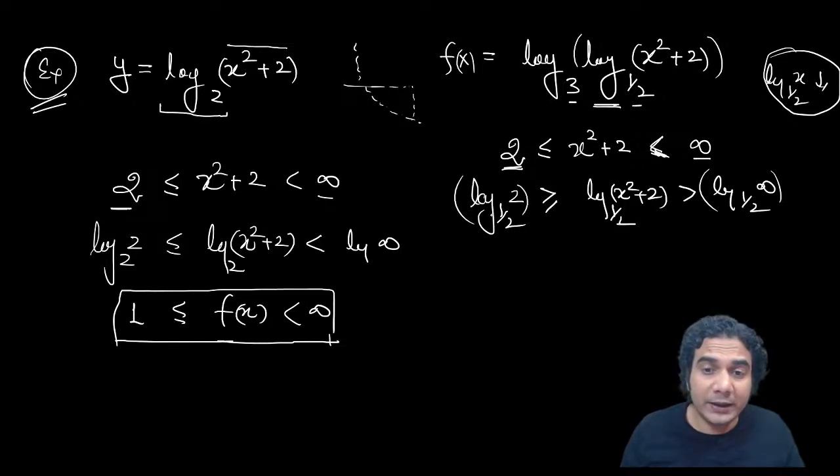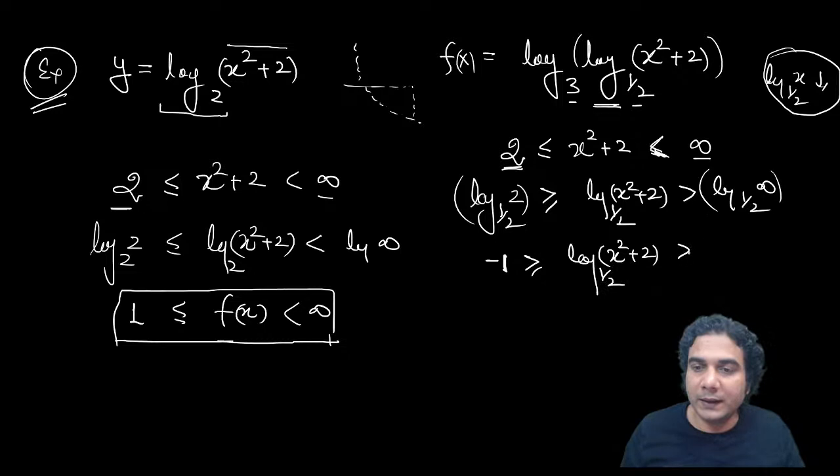What is this value, by the way? Log of 2 base 1 by 2 is also negative. This is minus 1. So you have got an entirely negative interval, ending at minus infinity. Because this interval is entirely negative, no value will go. You can't put this log on a negative interval.